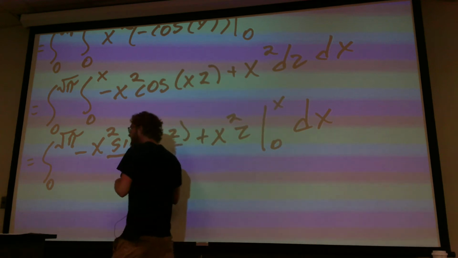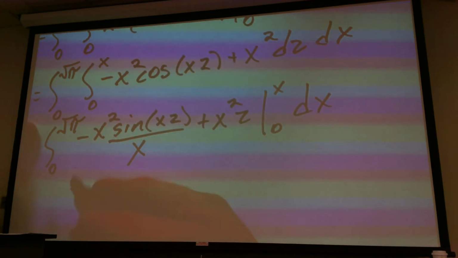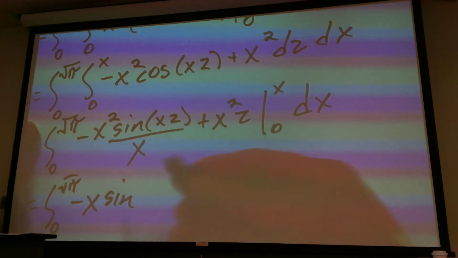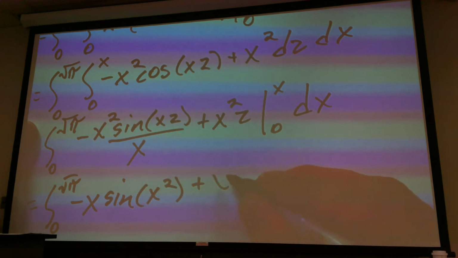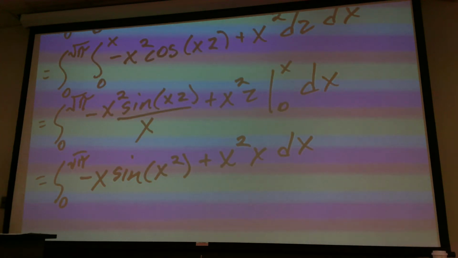Well, x squared divided by x, that's just going to be a negative x. If I plug that x into there, that's going to be x squared. And sine of 0 is 0, and if I plug 0 into x squared times z, it's going to be 0. Ugh.